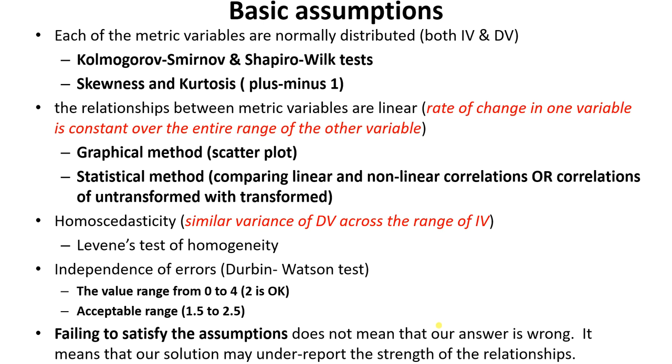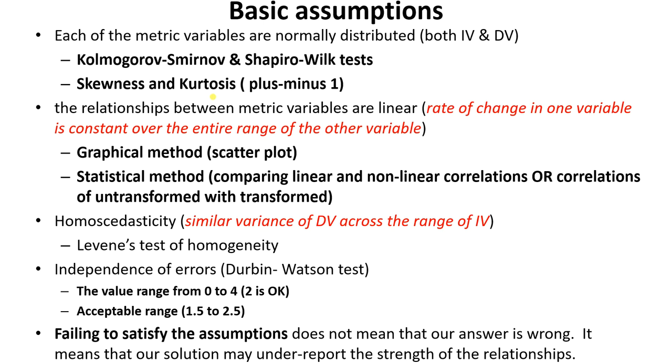So both IV and DV should be normally distributed. And for this, we can go for different tests. I have mentioned the Kolmogorov-Smirnov and Shapiro-Wilk tests. Skewness and kurtosis may also be used: if the skewness and kurtosis values are between plus minus 1, then we can say that the IVs and DVs are normally distributed.